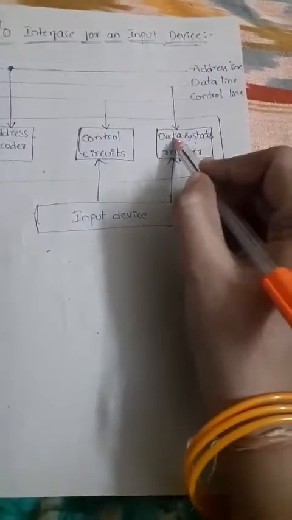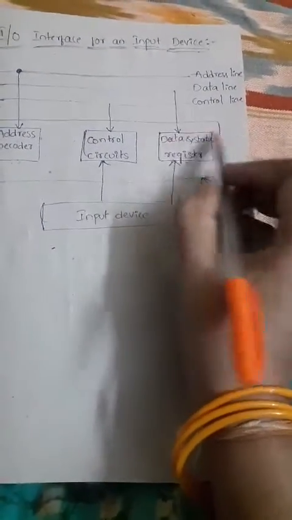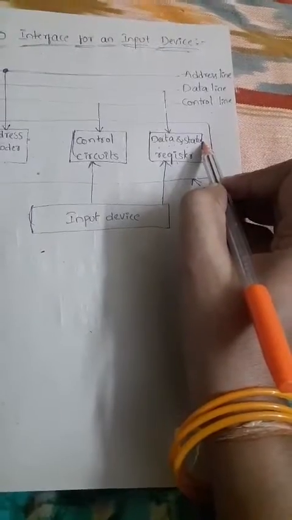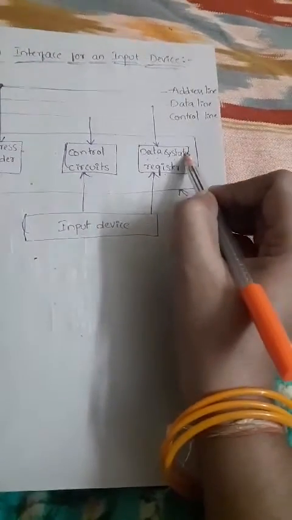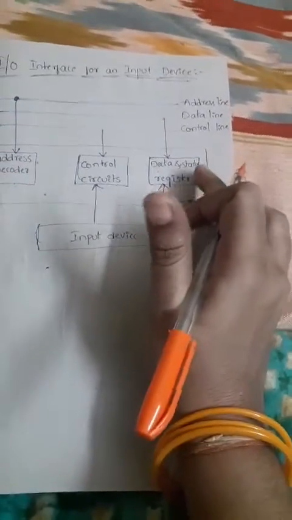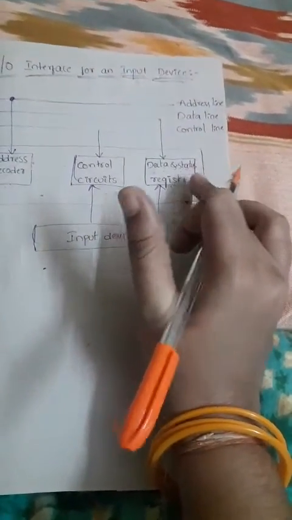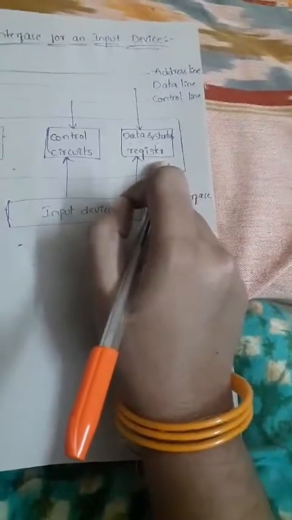So the data register holds the data, and the status register contains information relevant to the operation we are performing. That information will be held by the data and status registers.